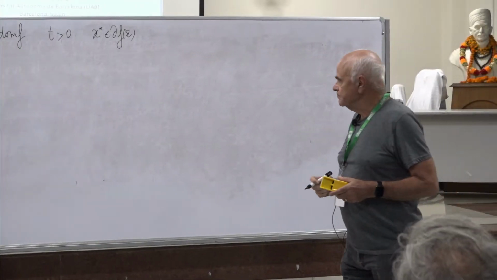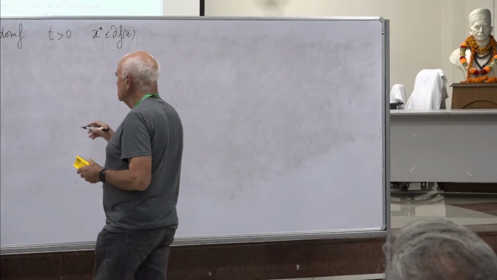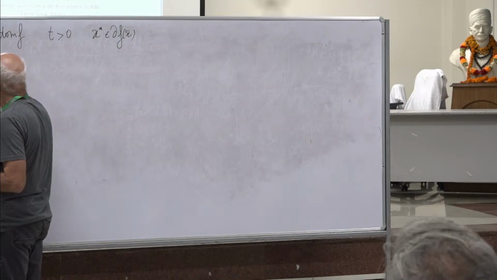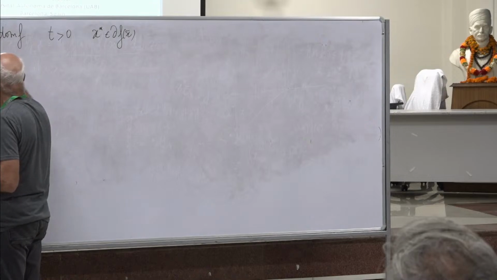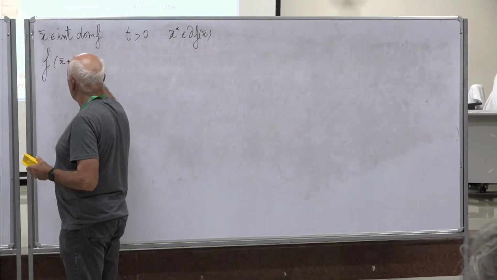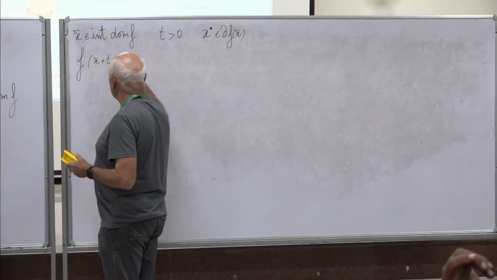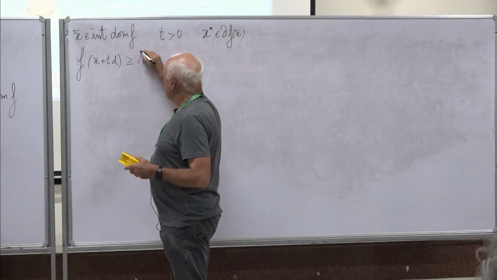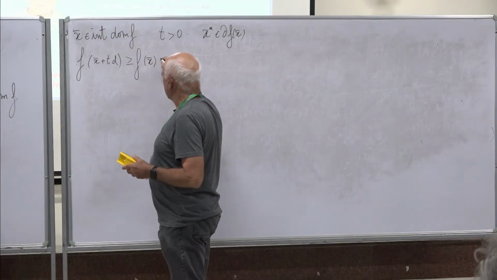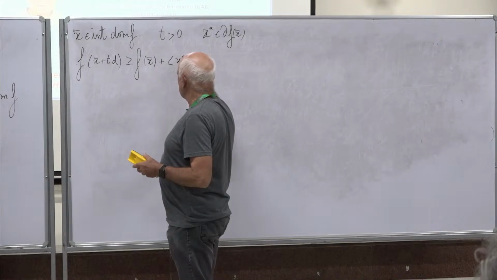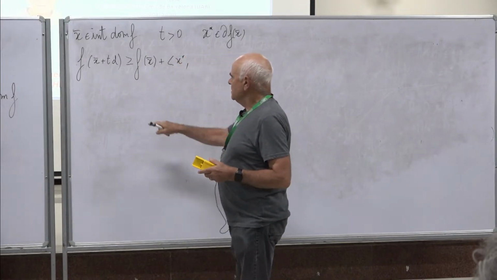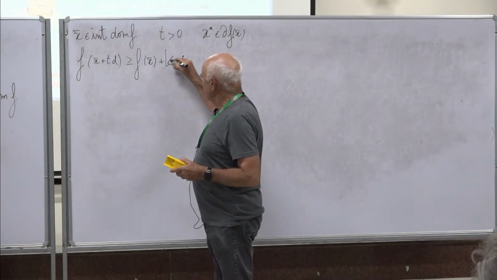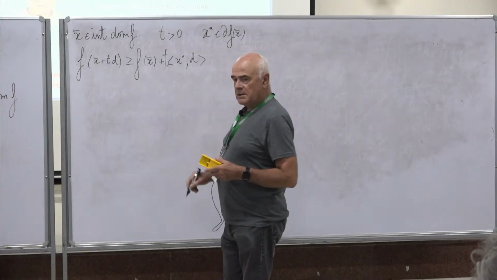Then I will write the subgradient inequality for x bar plus TD. This is greater than or equal to f of x bar plus x star product the difference between these two, which is T times D.